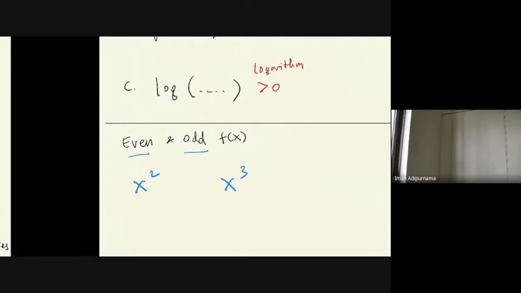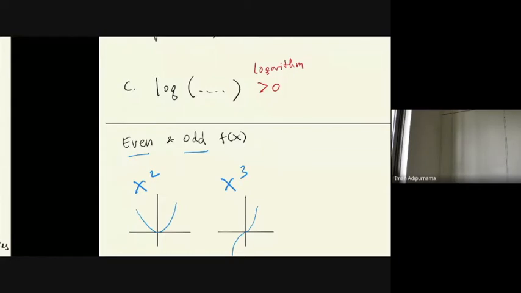Okay, so what is the main difference between x squared and x cubed? If you have the graph, x squared is just like that, right? What about x cubed? It'll be steeper here, but it goes that way, right? So when you have negative x, it will be negative.